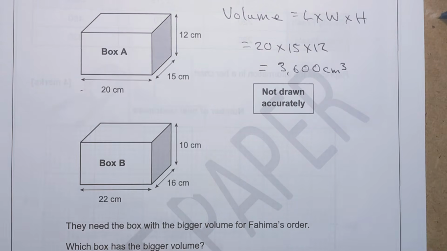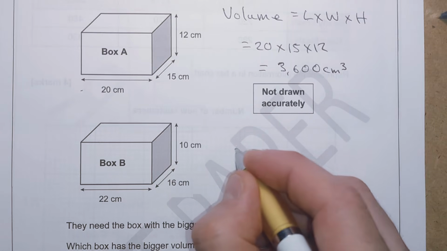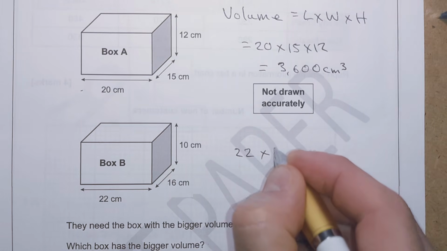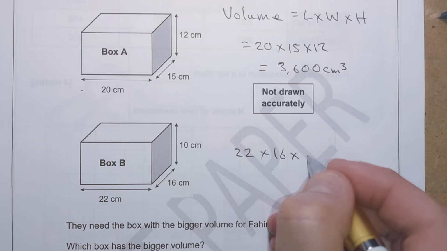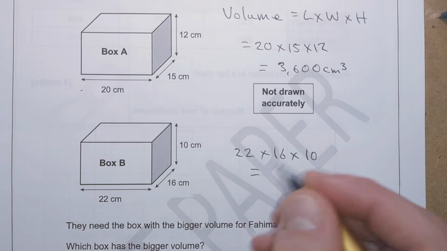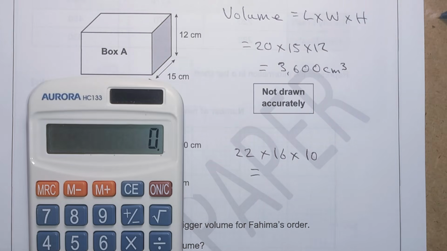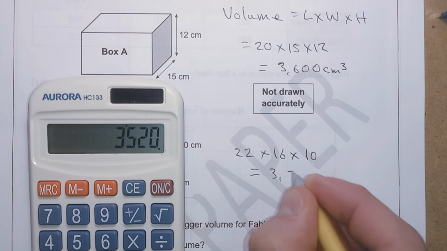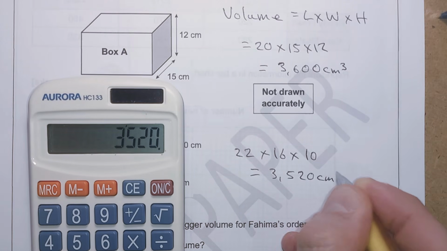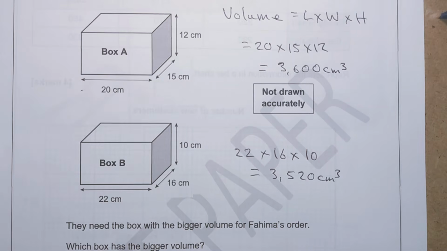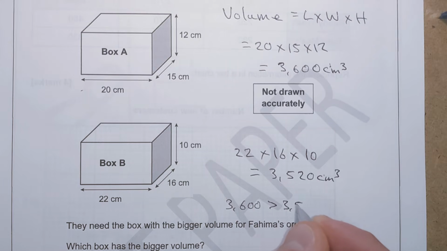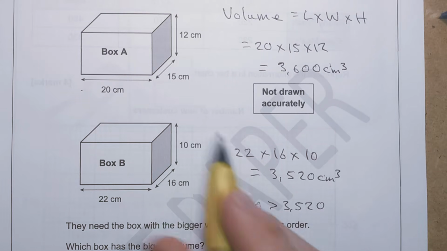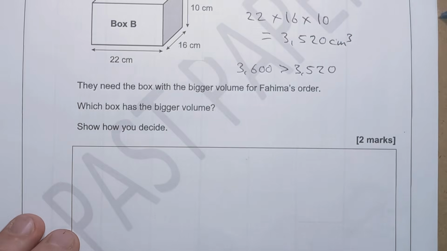And then for box B, we've got 22 times 16 times 10, which gives us 3,520 centimetres cubed. Which has the bigger volume? Well, this one's bigger than this one. We can put 3,600 is greater than 3,520. So we want box A.